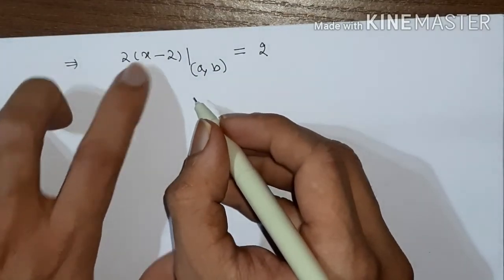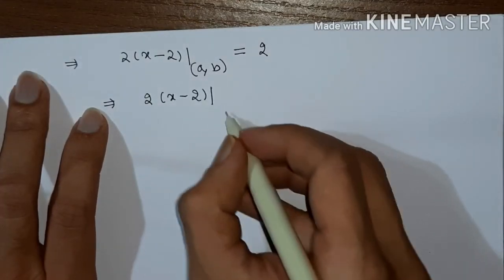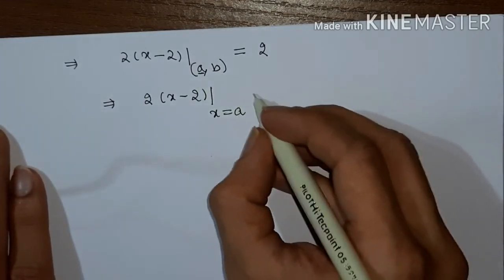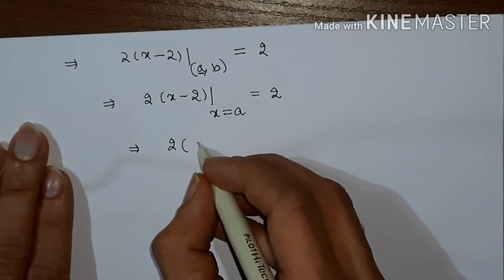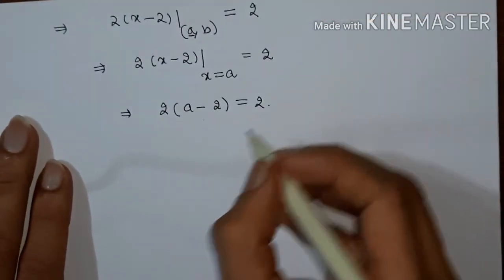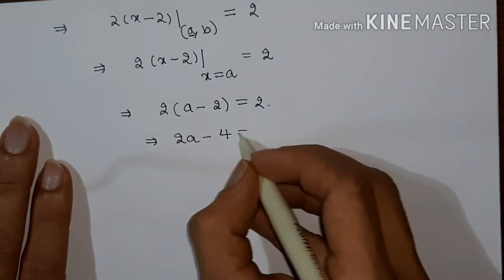So now this is nothing but 2 times x minus 2 at the point x equal to a, which is equal to 2. So we'll get 2 times a minus 2 equal to 2, that means 2a minus 4 is equal to 2.